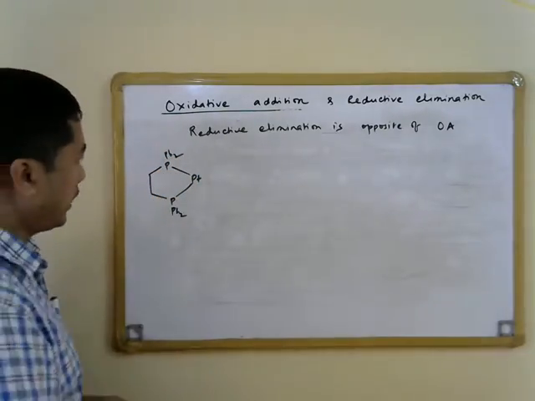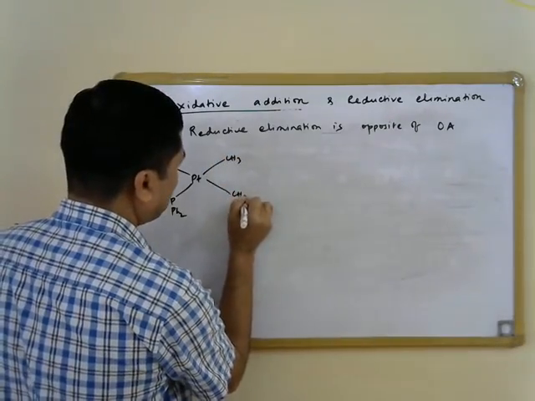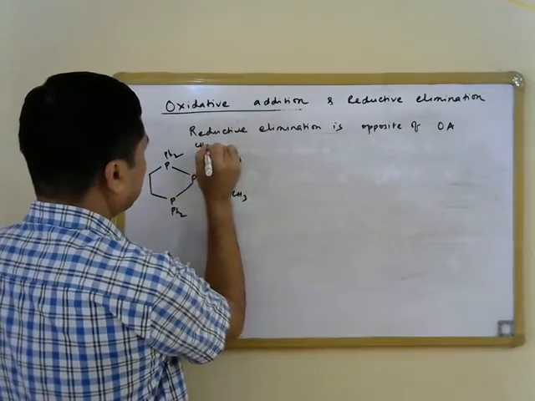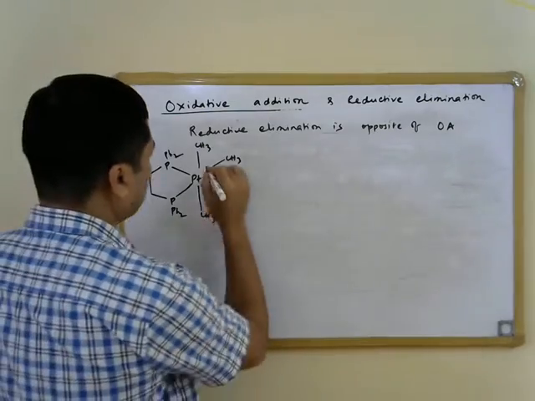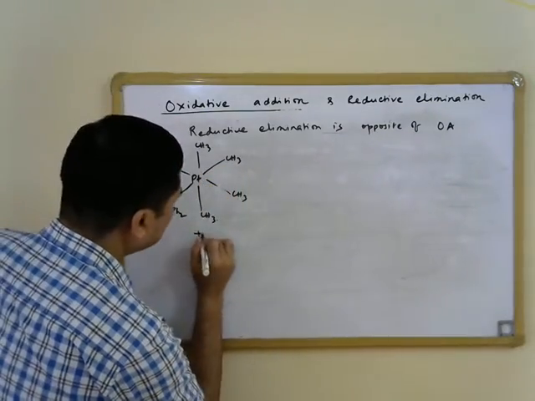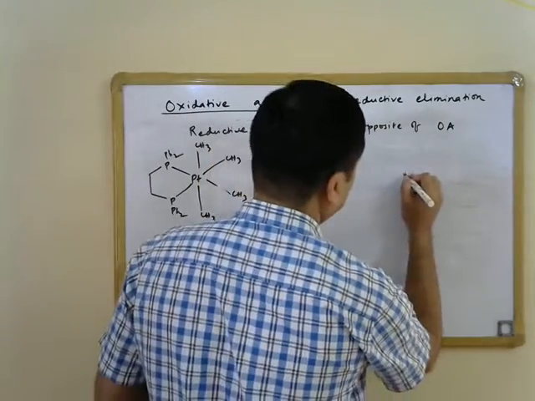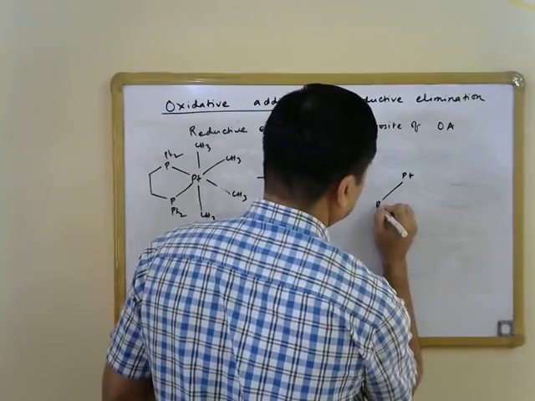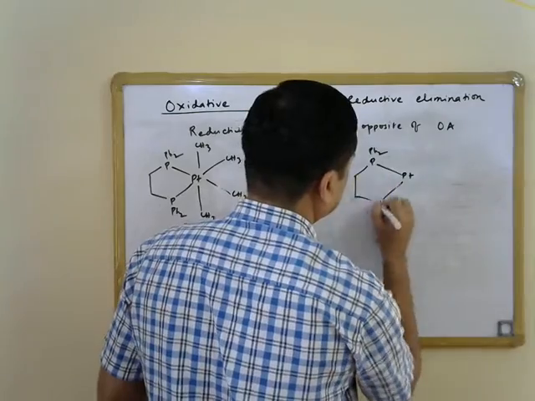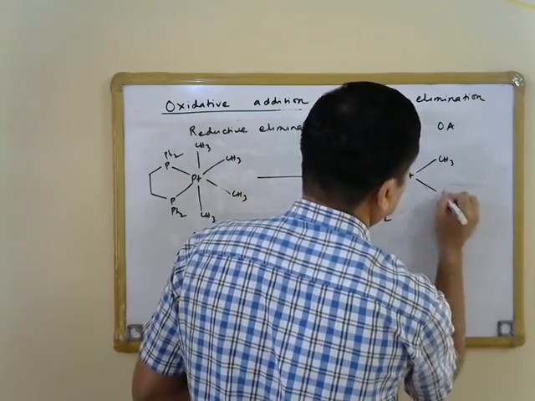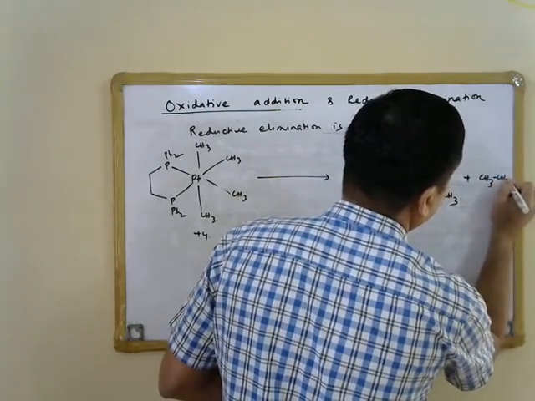Diazenyl phosphonol ethane, that is the ligand here. If we take this octahedral complex, the oxidation state of platinum here is +4, and it undergoes the reductive elimination reaction to give us the square planar complex as well as a byproduct.